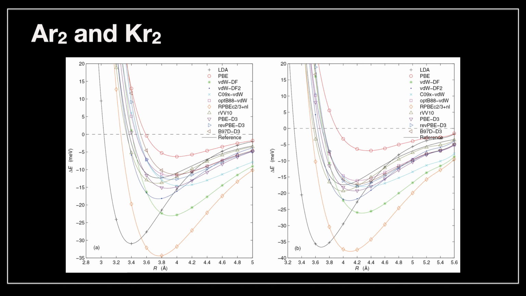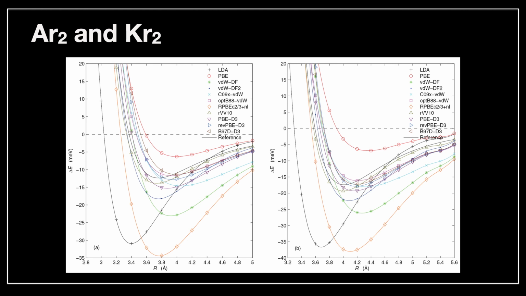So the next slide is a bit busy. Sorry about that, but this is for the complex between noble gases like argon and krypton. If you want to look at this more carefully, I suggest that you pause the YouTube video, but you will see that the different functionals give different results, with some of them not being very convincing. One thing I really like to insist on is the LDA, which are the black crosses in both cases.